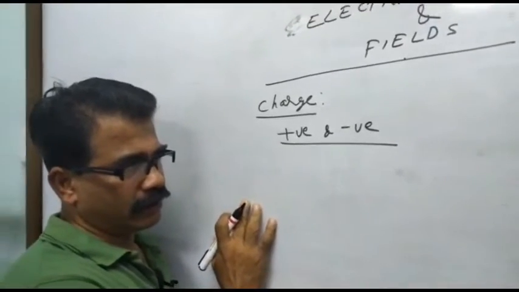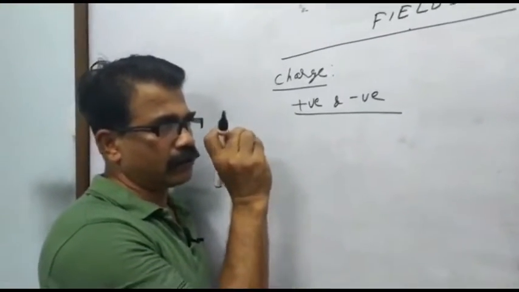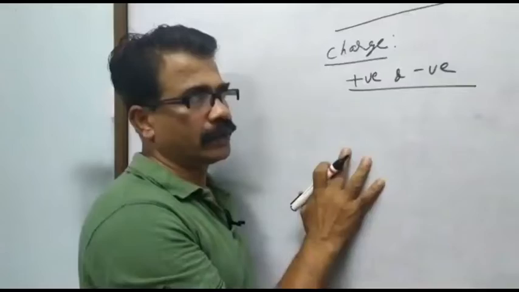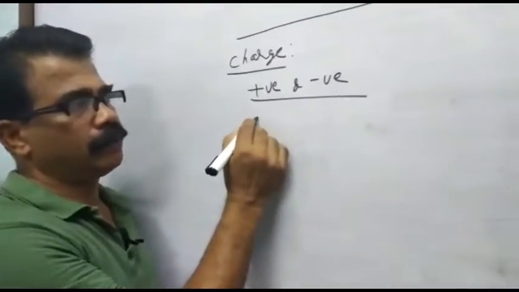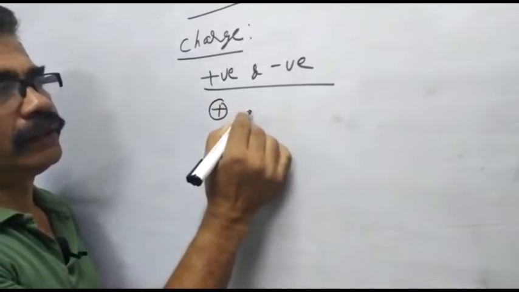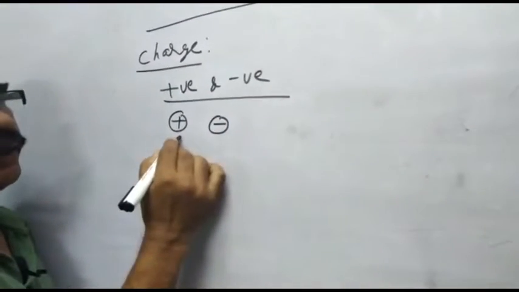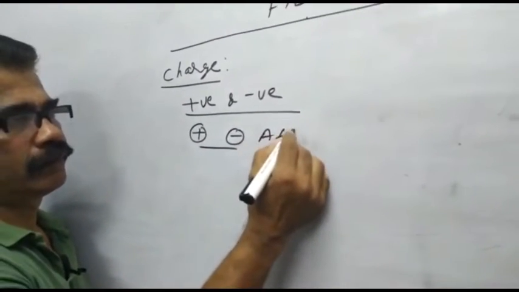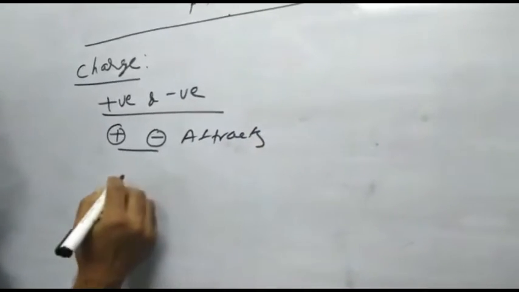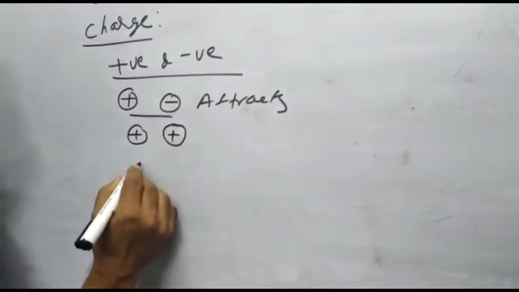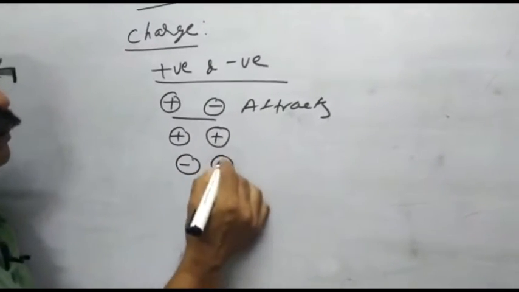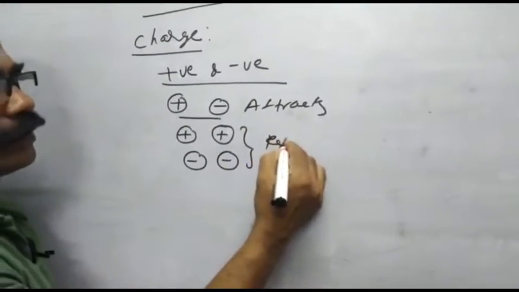That means the forces are sometimes attractive, sometimes repulsive. Positive and negative charges will attract, but a positive and another positive, and a negative and another negative charge will repel.